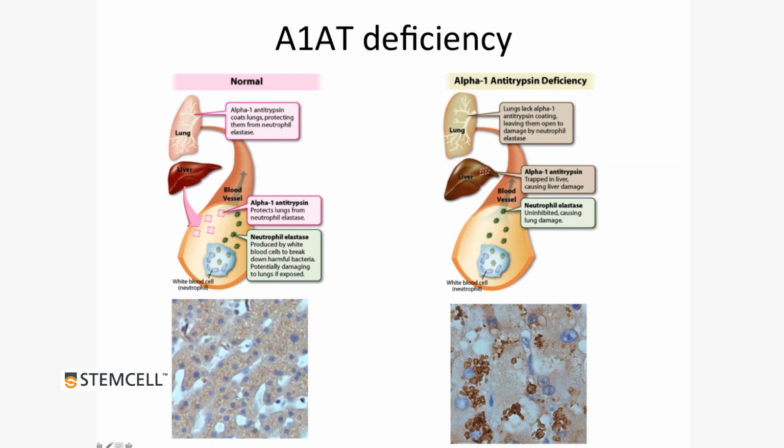And that has two consequences. One consequence is that alpha-1 antitrypsin is not released into the bloodstream, therefore these lungs are not protected and are being digested by the neutrophil elastase. But the second consequence is that these precipitates of this misfolded protein cause the death of these hepatocytes.